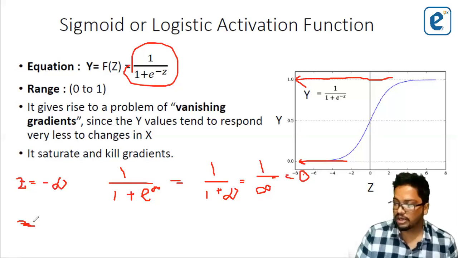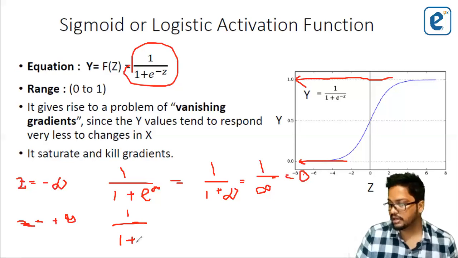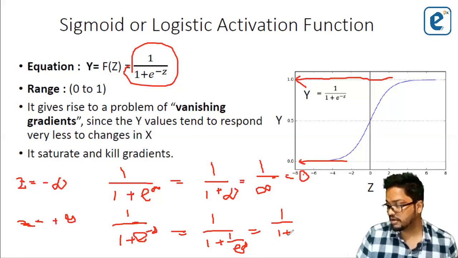Now when Z is positive infinity, what's going to happen? We can write it like 1 over 1 plus 1 over e to the infinity, which will give us 1 over 1 plus 1 over infinity, and this will be basically 1 over 1 plus 0.